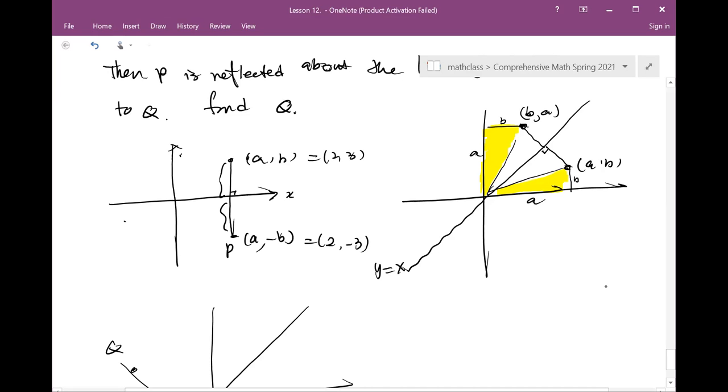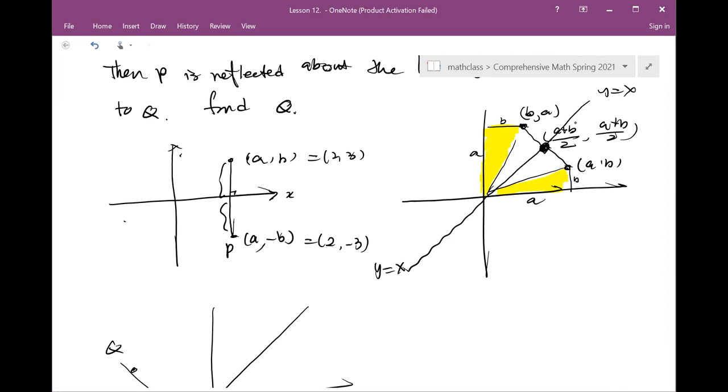Okay. So those 2 points, first of all, you double check, right? The middle point is half of that. So this is a middle point, half of A plus B, half of A plus B. This is indeed a point on the line y equals x, because the first coordinate equals the second coordinate, right? Double check, right?